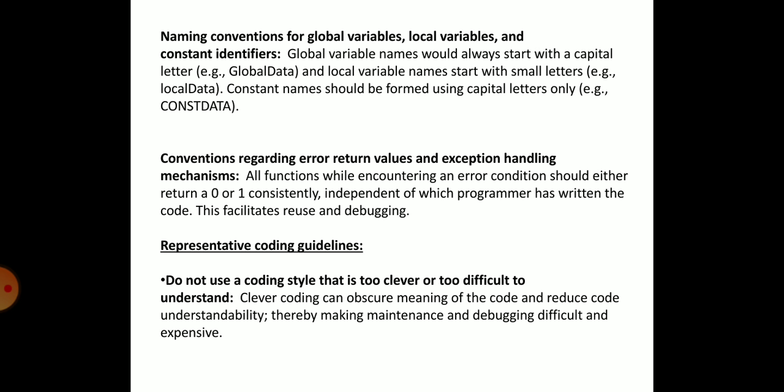Many experienced engineers may write cryptic, incomprehensible code, and this may hamper the understanding of the program, because the engineers who are engaged in the implementation of the coding may not be engaged in the maintenance of the same project. So in case of maintenance of a project, this cryptic, too clever code may hamper understanding. So it may make maintenance and debugging difficult and expensive.